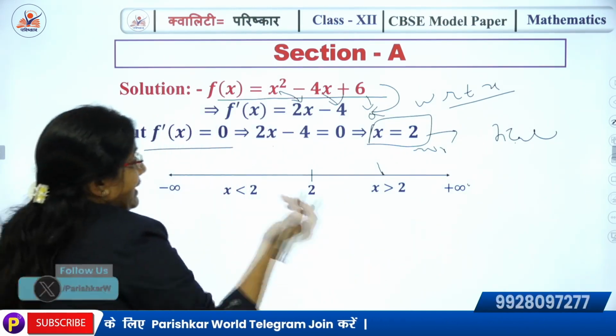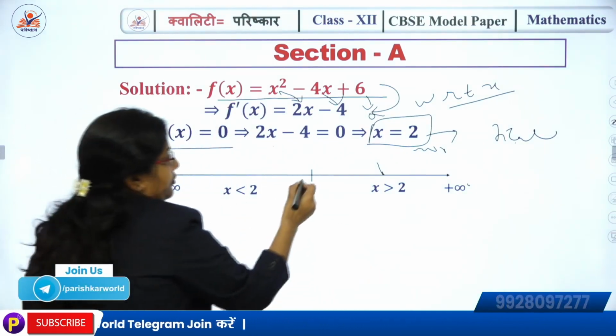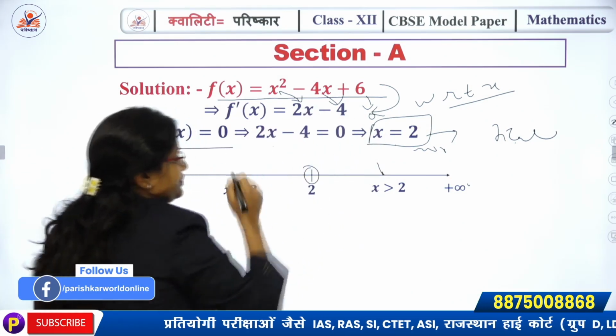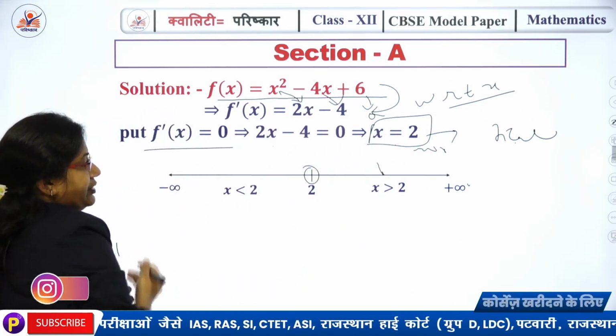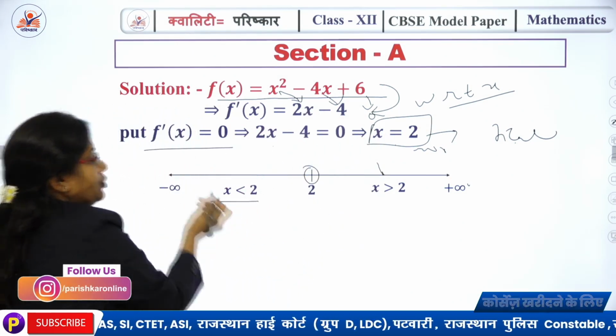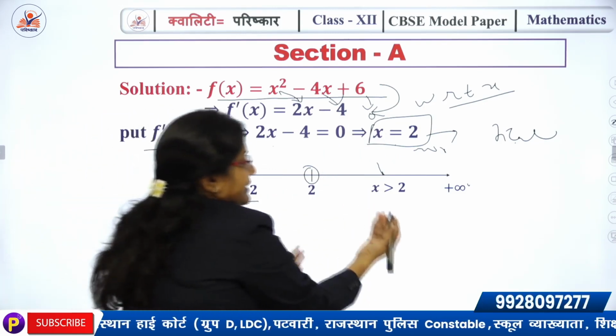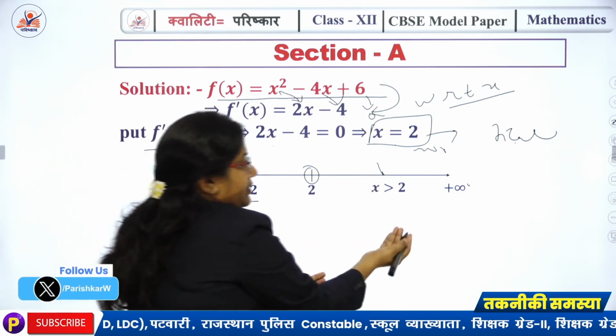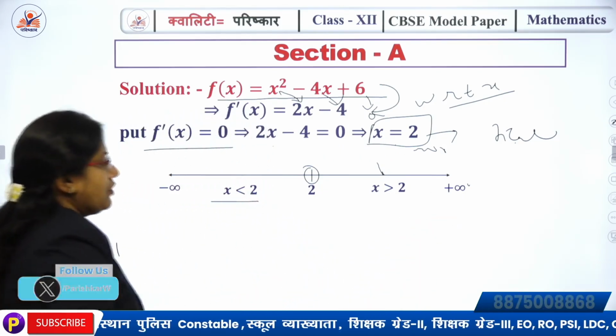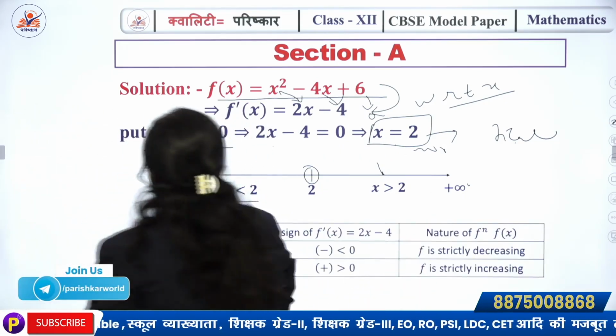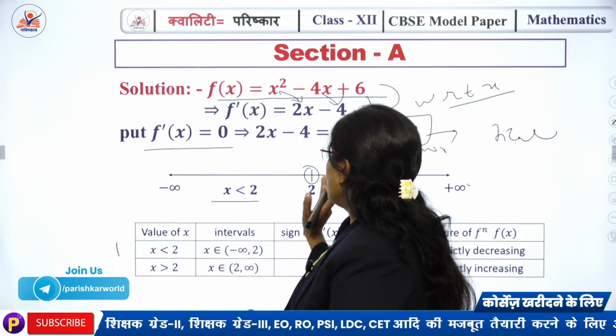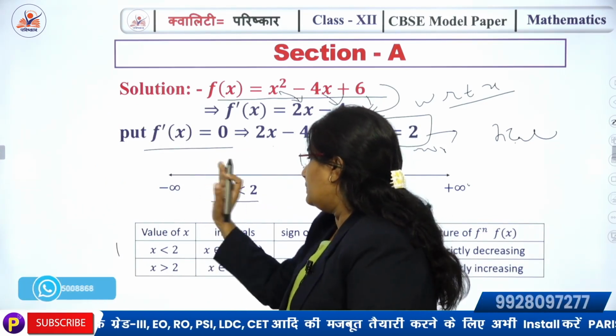Now we'll draw a line. In the middle of the line, we'll put the critical point, that is 2. Left side is denoted by x is less than 2, 2 minus infinity. And the right side is denoted by x is greater than 2, 2 plus infinity. Now you can see the value of x where x is less than 2.